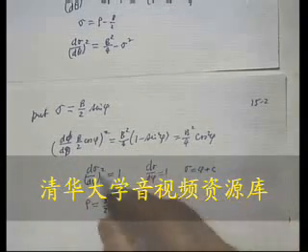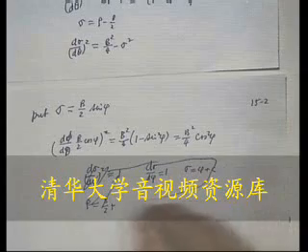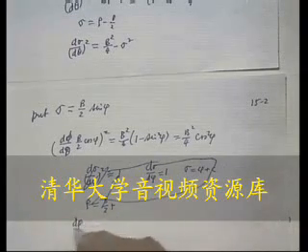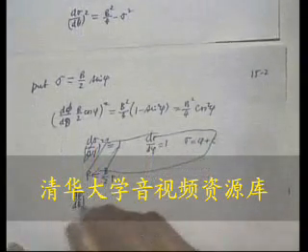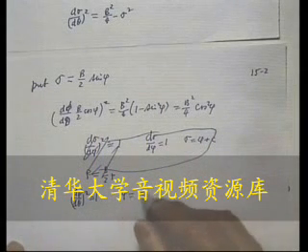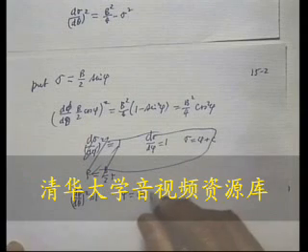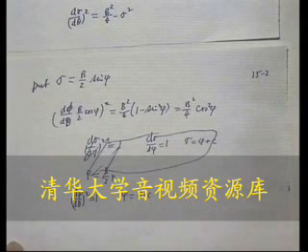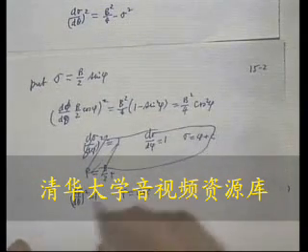So (d phi/d theta) squared is equal to 1. So phi is equal to theta plus a constant. The minus 1 we forget about.